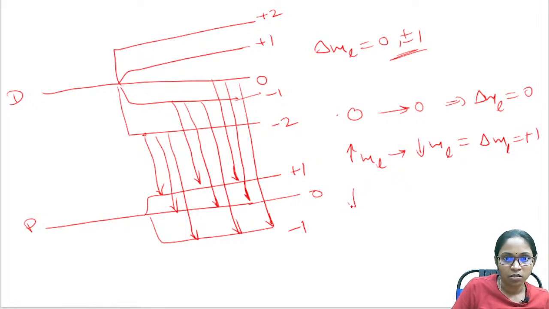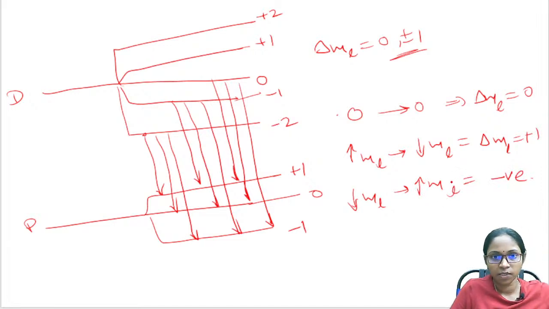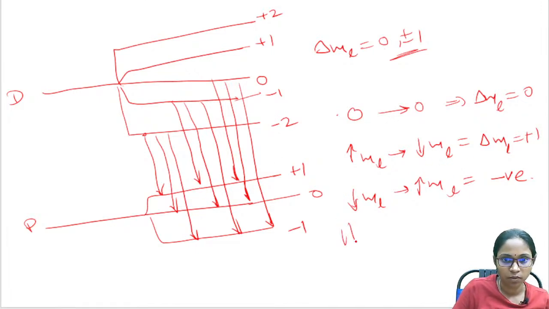If the transition takes place from a lower ML value to a higher ML value, then it will be negative. Check these possibilities and draw the possible spectral lines only. This is your work.